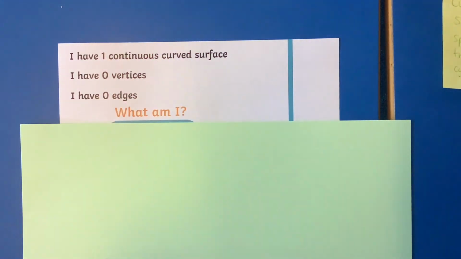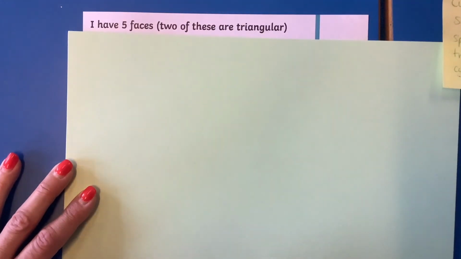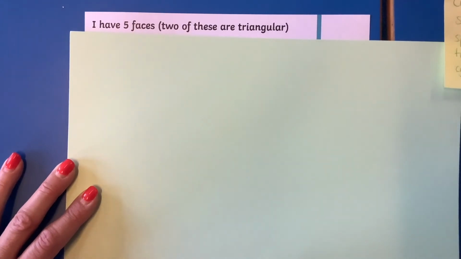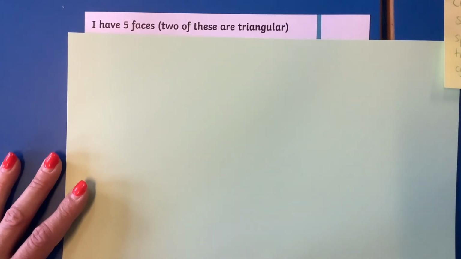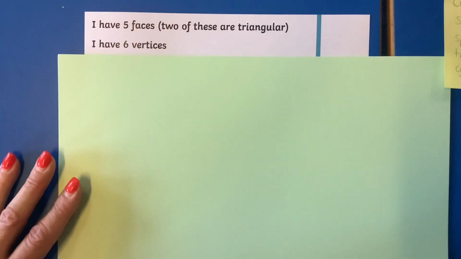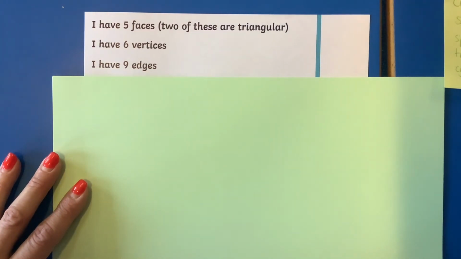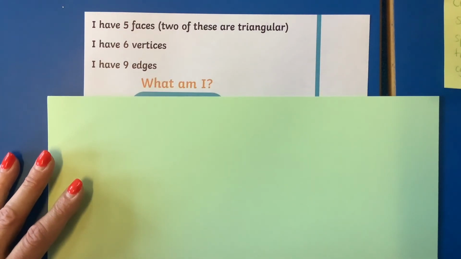Number 4. I have 5 faces. 2 of these are triangular. I have 6 vertices. I have 9 edges. What am I?